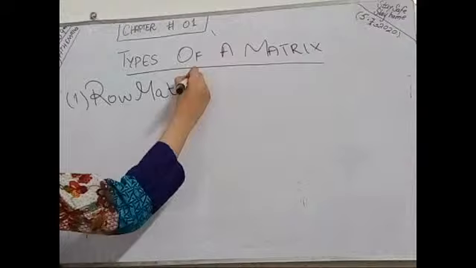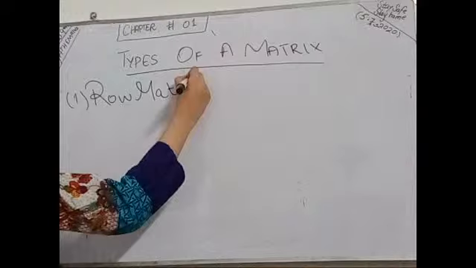We can see another example of a row matrix, which is... we can see there are 5 entries present in this matrix and number of row is 1.